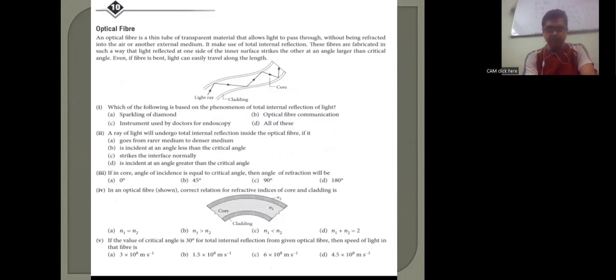A ray of light will undergo total internal reflection inside an optical fiber if that PIR की दो conditions satisfy होनी चाहिए. It should come from optical denser to optical rarer medium.